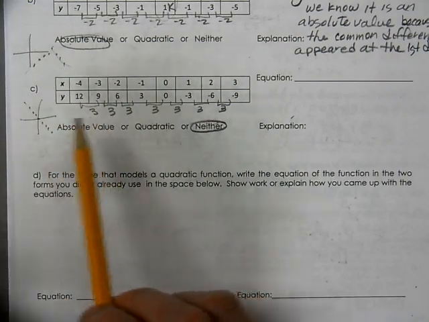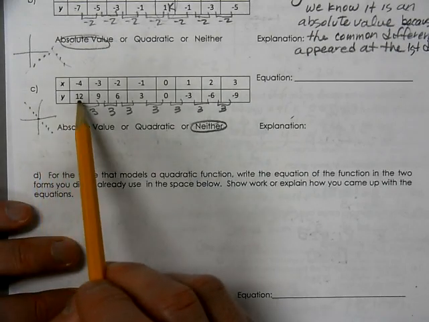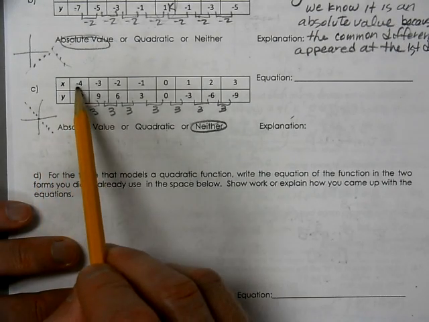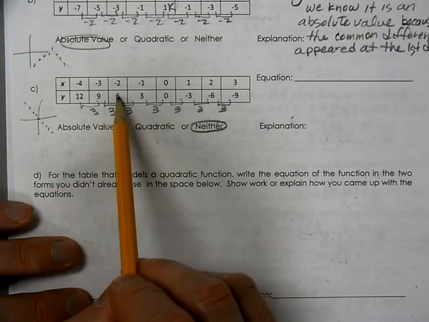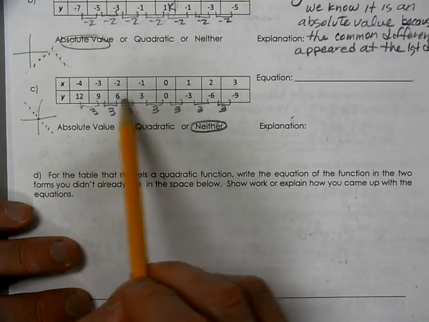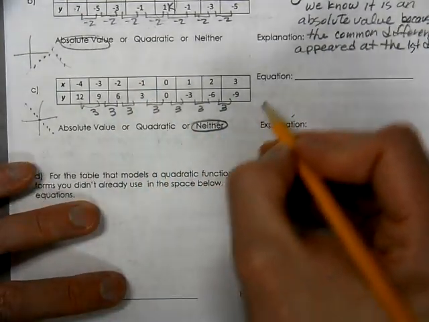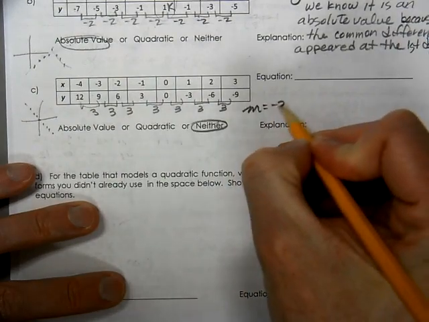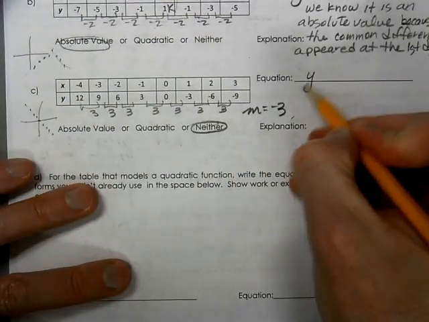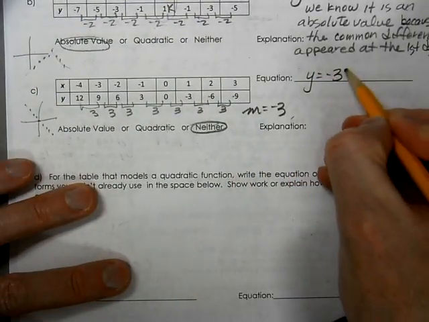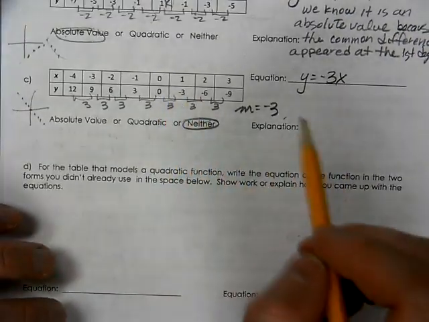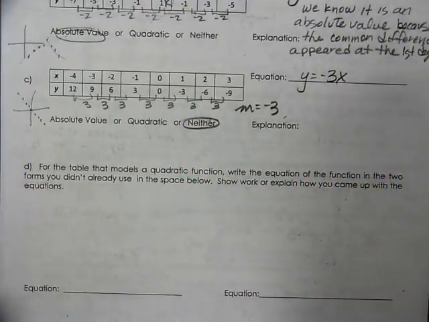But when we think about the slope, we're looking at a negative y when the x was positive. So that's actually going to give us an m value of negative 3, and our y-intercept is at 0, so plus 0, so that's our equation.